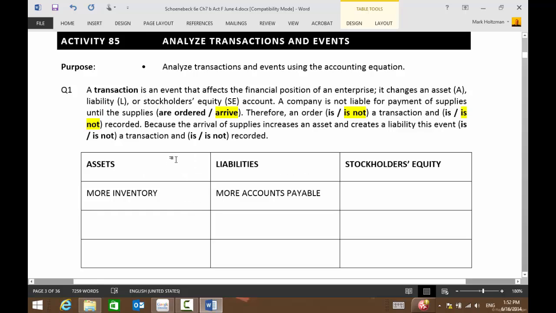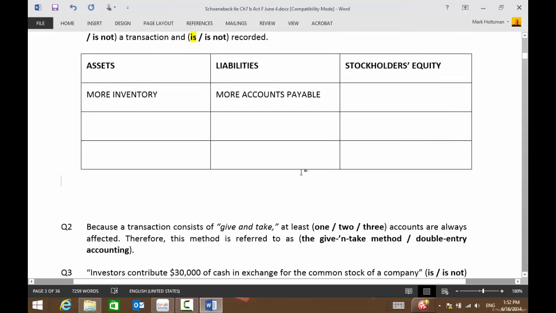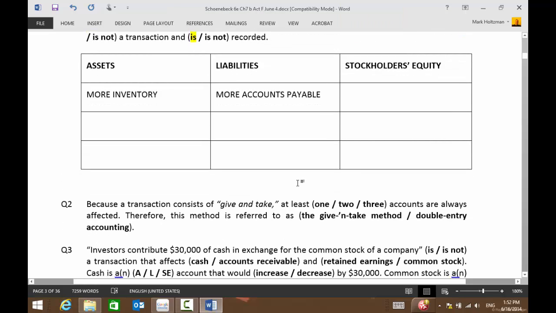Because the arrival of supplies increases an asset and creates a liability, this event is a transaction, and it is recorded. So just ordering supplies doesn't do anything. But receiving the supplies creates the liability. Now, there may be situations when you make an order and that commits you to purchasing it, in which case it would be a transaction.